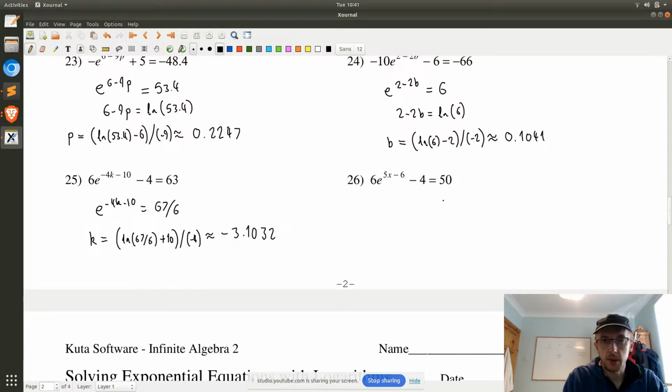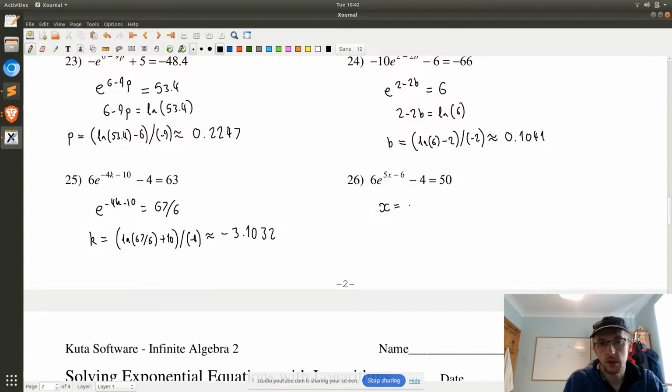And the last one. Add 4 to both sides, so we get 54 on the right divided by 6, and we get 9 on the right. Ln both sides, so we get 5x take 6 equals ln 9. And then 5x equals ln 9 add 6.